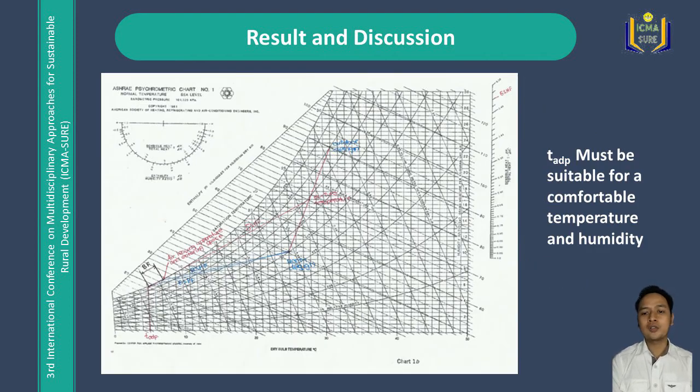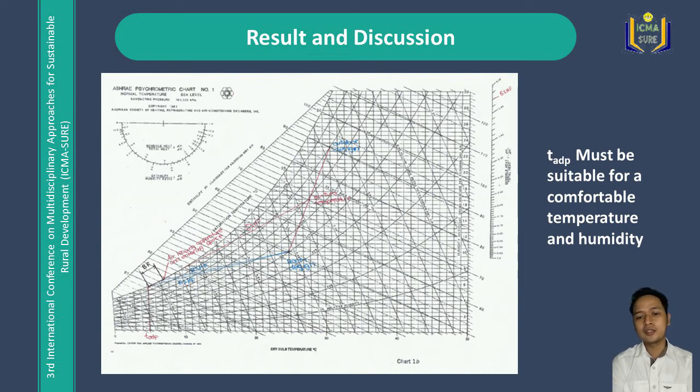After we calculate the cooling load capacity, we must analyze with the psychrometric diagram. In the psychrometric diagram, we can find the TADP, where the TADP must be suitable for a comfortable temperature and humidity.